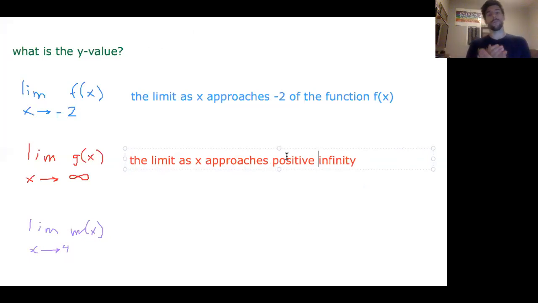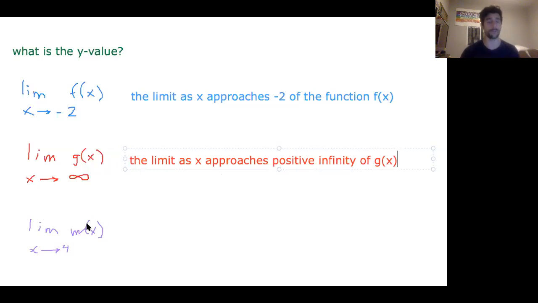Positive infinity just refers to x values getting bigger and bigger on the positive side of the x-axis, eventually going off to positive infinity. And as x values go more and more negative on the left side, they eventually approach negative infinity. So I get to the limit as x approaches positive infinity of the function g of x, or just of g of x.